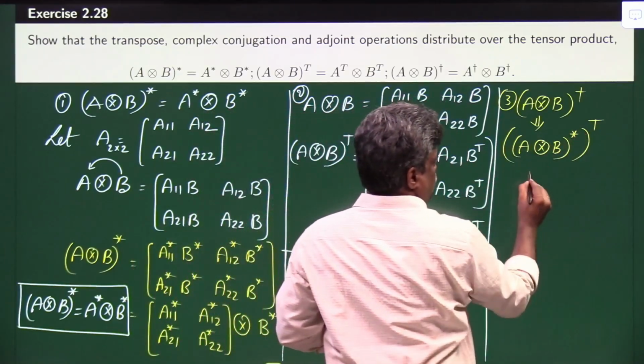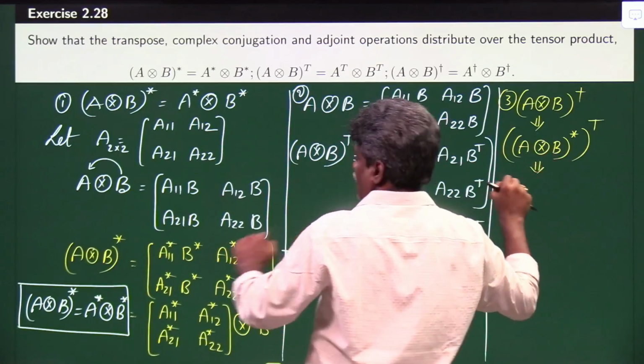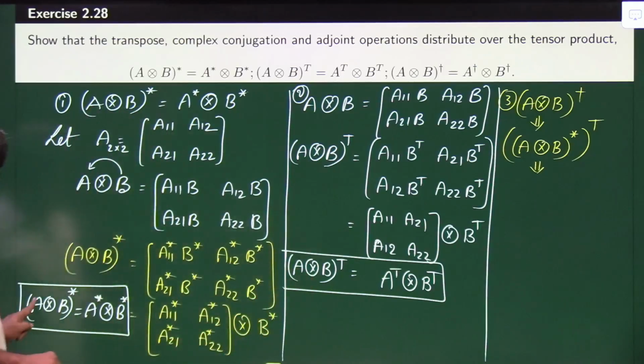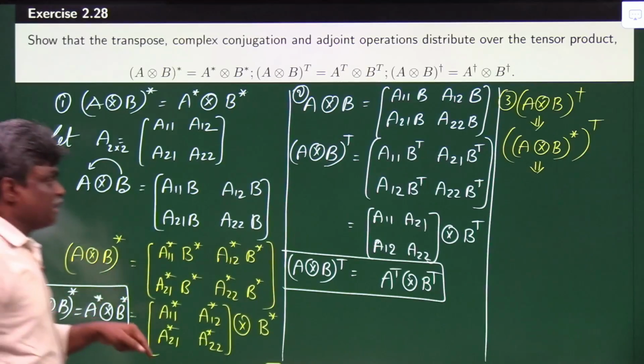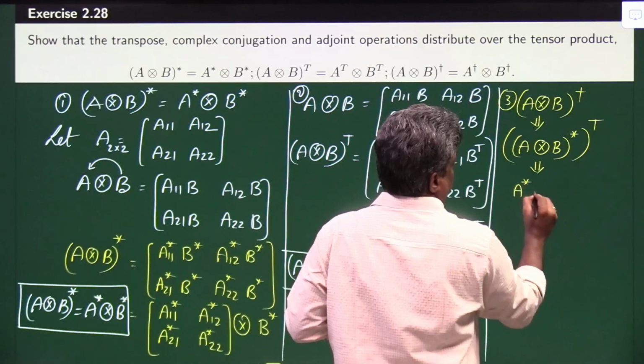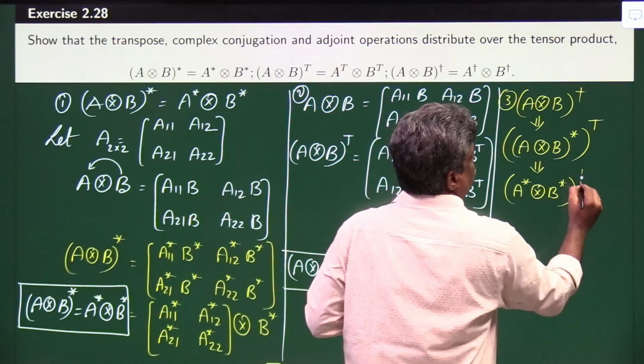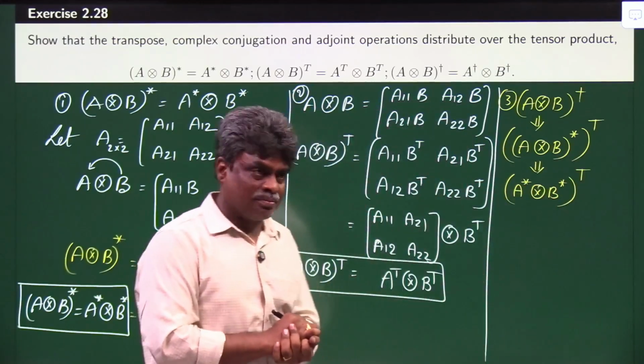So by applying this first property, that is A tensor B whole conjugate is equal to A conjugate tensor B conjugate, I'm applying that property, A conjugate tensor B conjugate, and after that the transpose.